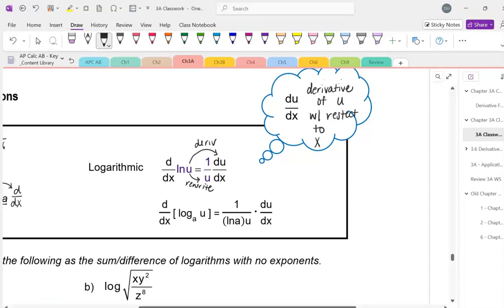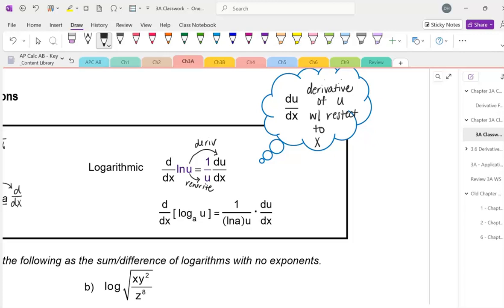When you take the derivative of logs, anything with a log, this has kind of a play on change of base formula. So when you do logs and you do a change of base, it would be log u divided by log a, except you can really do any of the bases. So it doesn't necessarily have to be log base 10 of u divided by log base 10 of a.